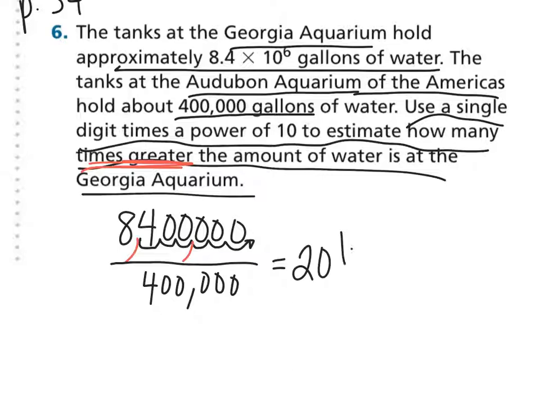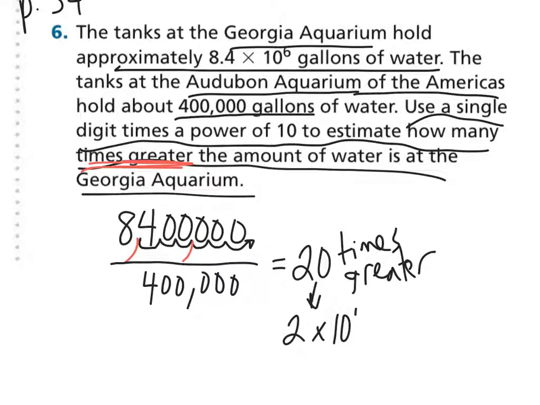So that means 20 times greater, which is normally what we would do. It says use a single digit times a power of 10 to estimate how many times greater. So instead of 20 times greater, we could say 2 times 10 to the first power, or just 2 times 10.